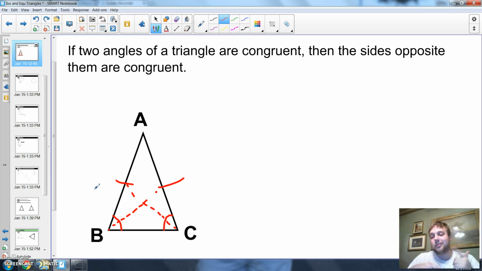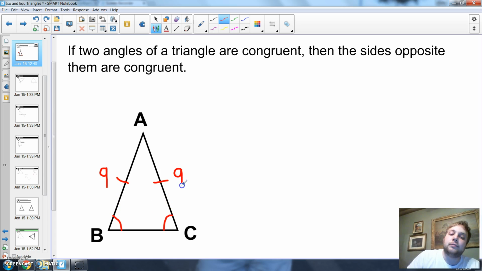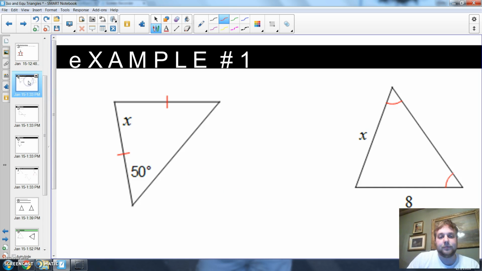It's kind of like reverse psychology. So we know that if two angles are the same, then their opposites are also the same. So if this was like 9 inches long, I would know this is 9 inches long. Thus. All right, moving on.